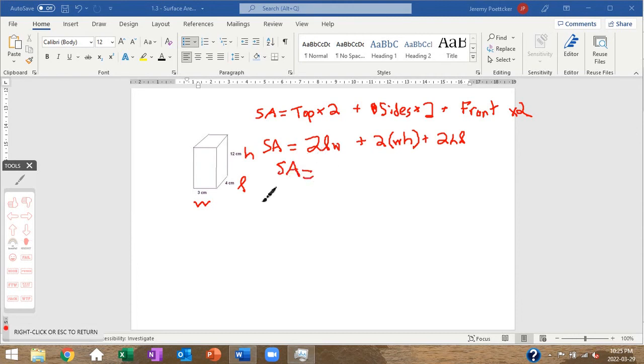Plug them in. Surface area equals 2 times LW. And again, I put my numbers in. I'm going to run out of space here, aren't I? 4 centimeters times 3 centimeters, plus 2 times my width times my height, 3 times 12.